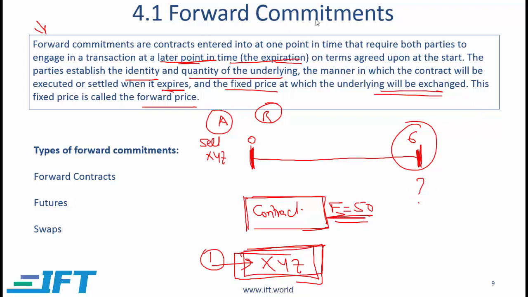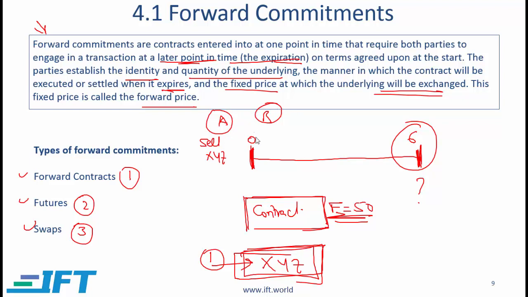There are different types of forward commitments, and this is slightly confusing, but one type of a forward commitment is called a forward contract, another is called a futures contract, and a third is a swap. Each one of these has a reading unto itself later in the curriculum. A forward contract is one where the two parties create a customized contract.